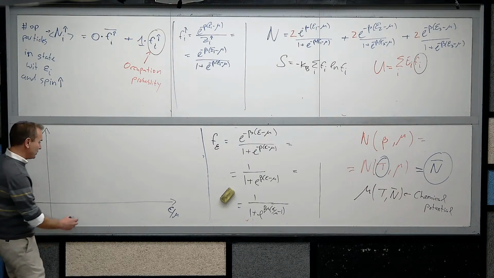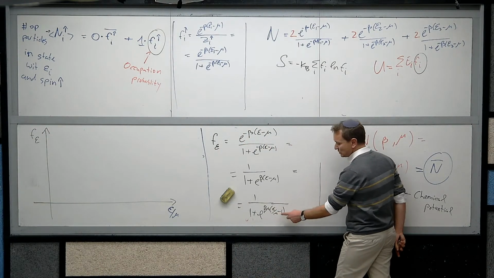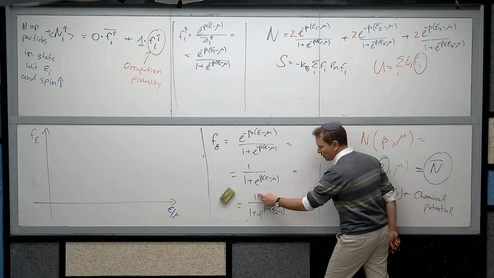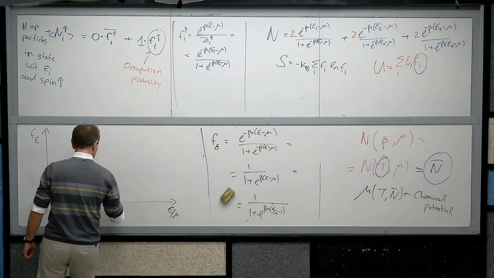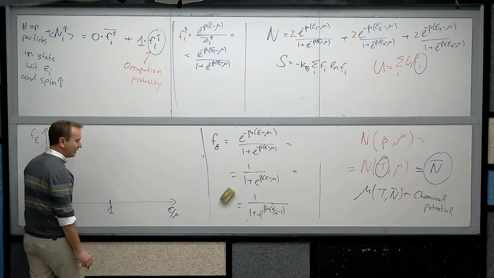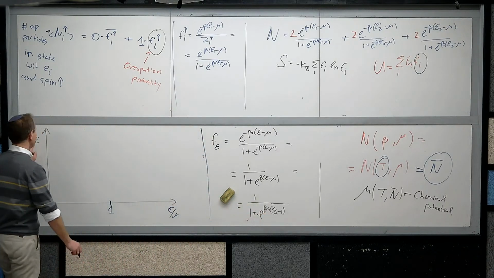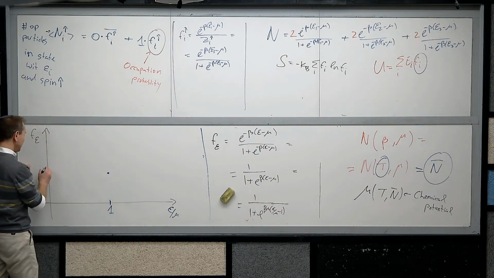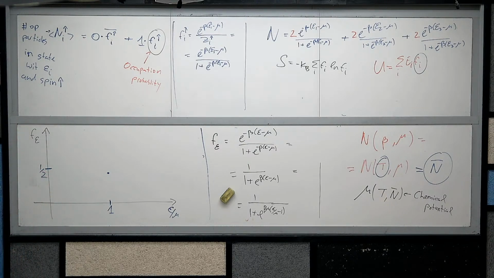Okay, so what we know, when epsilon divided by mu equals exactly 1, we have 0 over here, so we have 1 divided by 1 plus 1. So no matter what beta is and what mu is, f of epsilon always has this value of 1/2 when epsilon divided by mu equals 1.